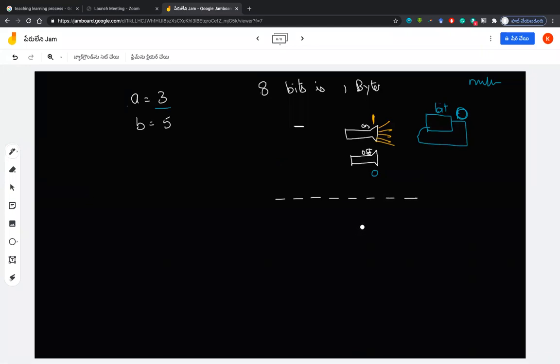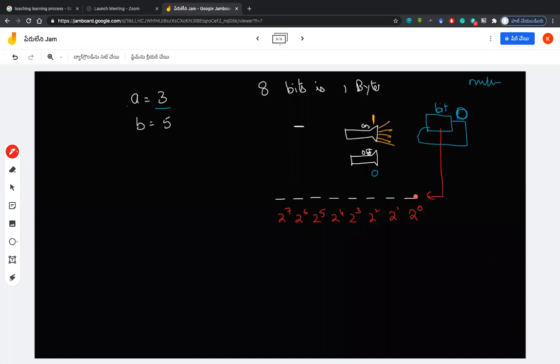8 bits are there. Okay. In these 8 bits, now you need to fill it like this. It is 2 power 0, 2 power 1, 2 power 2, 2 power 3, 2 power 4, 2 power 5, 2 power 6, 2 power 7. There are total 8 bits. And imagine each bit is this device.